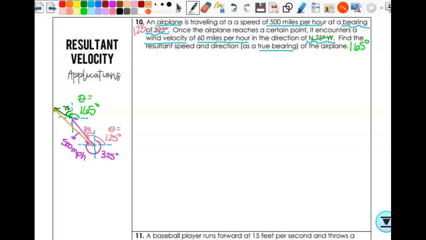Okay. All right. So now we're going to make our little vectors here. And we have the plane. So we'll do P for plane. So the vector that is the airplane, we have a speed of, that's our magnitude, 500 times the cosine of 125, and then 500 times the sine of 125.